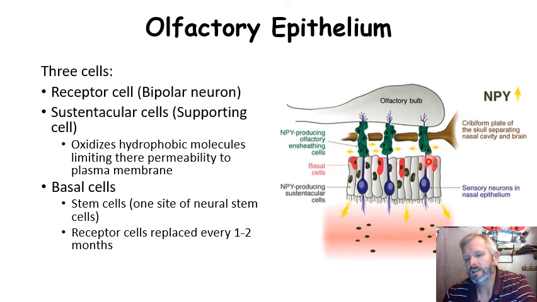These are the axons from the bipolar neurons, which travel through those olfactory foramina in the cribriform plate. And what sits on those cribriform plates are the two olfactory bulbs. This is where they synapse with the second order neuron.